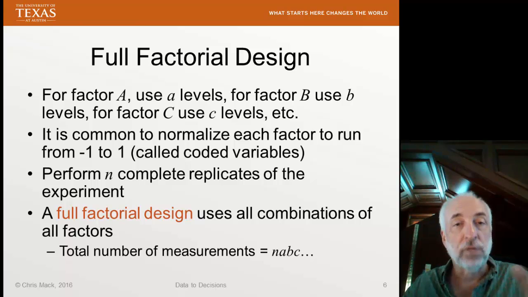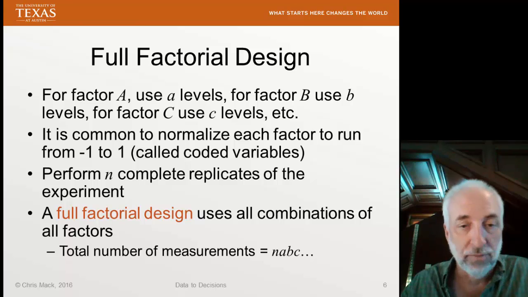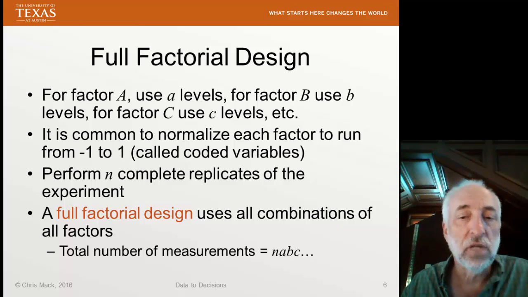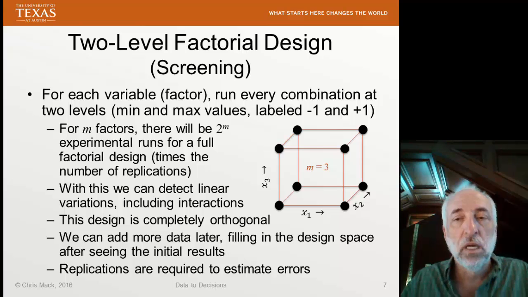This is a very popular choice because it does allow you to sample the entire space very thoroughly. However, if you have a lot of factors and you want to use a lot of levels, the size of the experiment can grow dramatically. Nonetheless, especially for a few factors, this is a very common design.